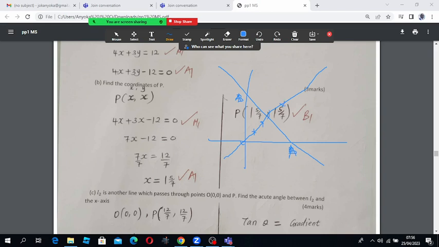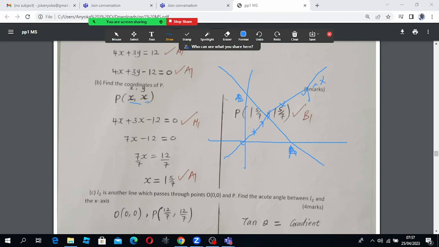That line is the one we say is equidistant, and its equation is y equals x. So the coordinates of P must be (x, x). That's the logic behind it: at P, the value of x must be equal to the value of y.